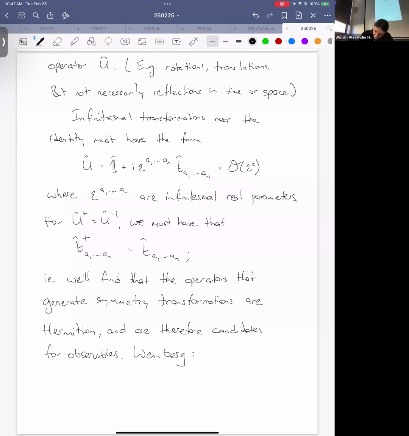The great Weinberg himself has a statement, which is that most, perhaps all, observables arise from symmetry transformations.